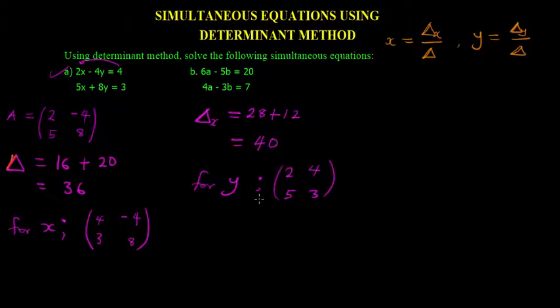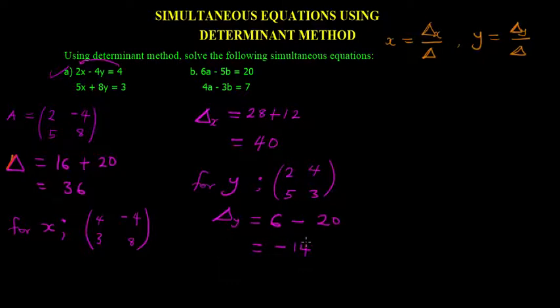Great. So we then find the determinant of the part of y, which is this diagonal, 2 multiplied by 3, that's 6, minus 4 multiplied by 5, and that is 20. So at the end of the day, we have minus 14.